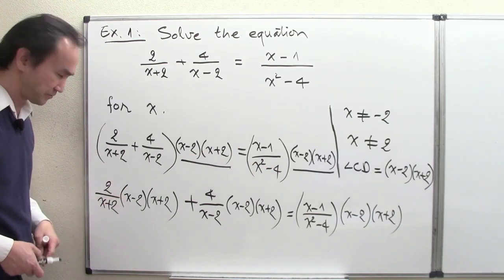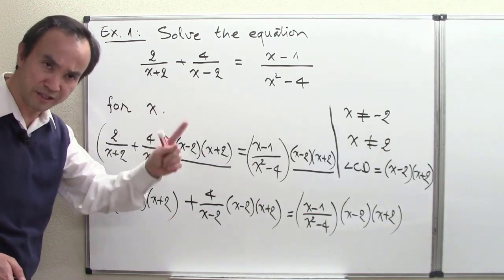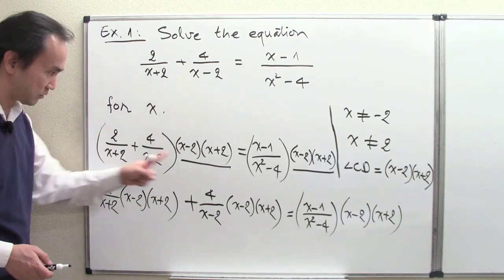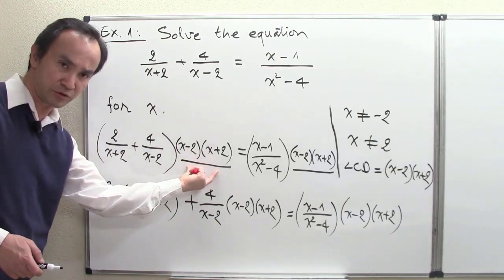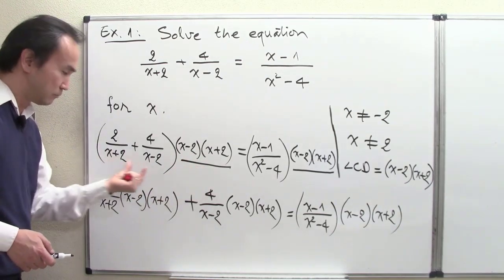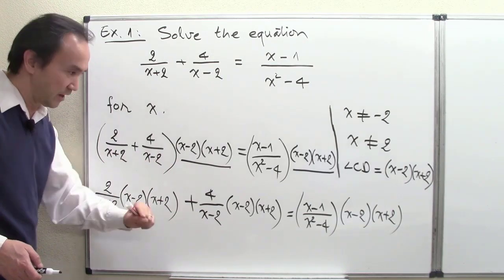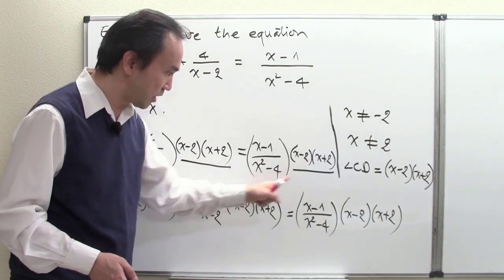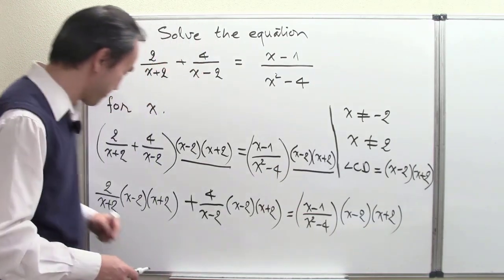So now, I'm still only on my way to show how we can clear out the fraction. I was saying, on the left-hand side, that underlying expression was multiplicatively distributed to each term, and that one was kept the same as earlier.